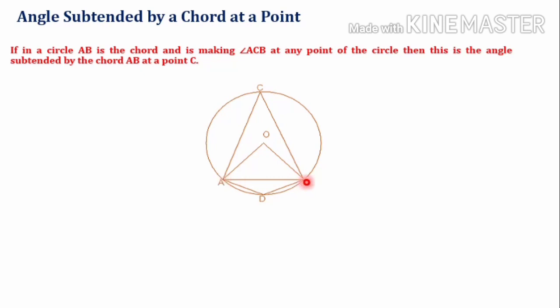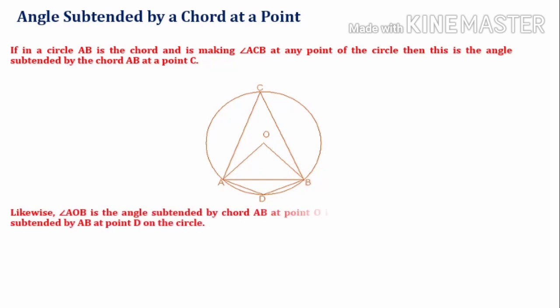Again, this chord AB is making another angle with O, the center of the circle, that is angle AOB. Here angle AOB is the angle subtended by the chord AB at point O. Again, this chord AB is making another angle ADB with another point on the circumference of the circle, that is D. So angle ADB is also the angle subtended by AB at a point D on the circle.